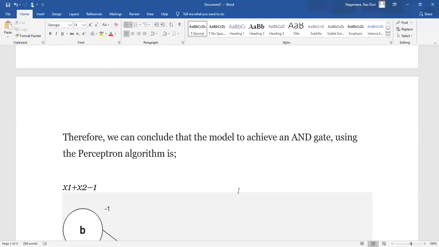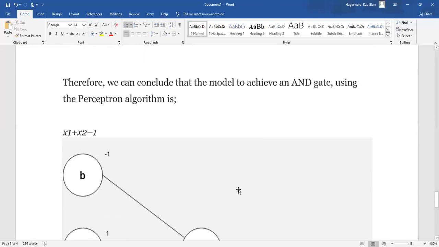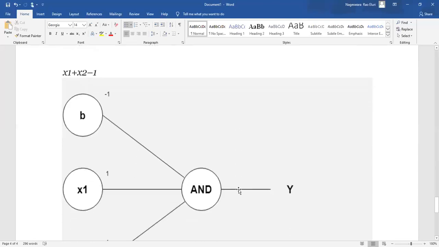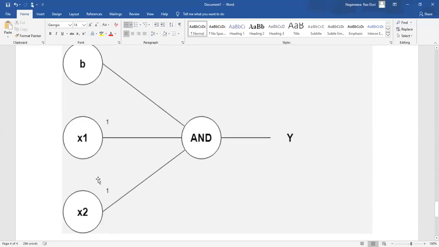Now we are representing the AND gate perceptron representation here. You can see the bias I assumed as minus 1, weight 1 as 1, and weight 2 as 1, and x1 and x2 are 0 0, 0 1, 1 0, 1 1. For every operation it classifies the data as either 0 or 1.